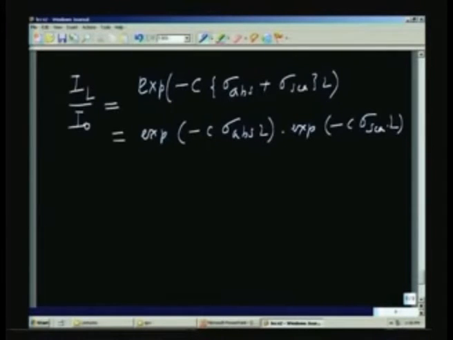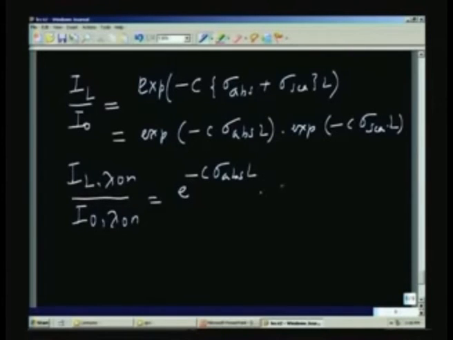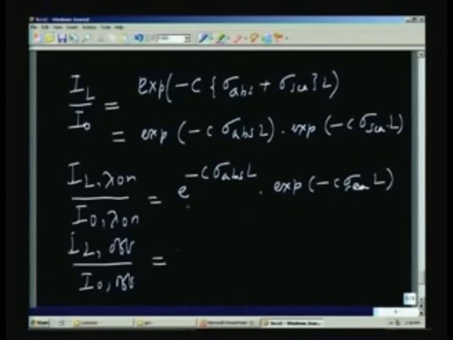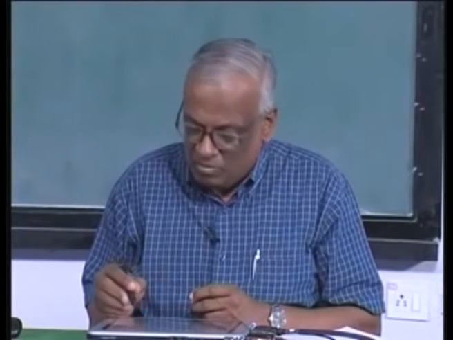Suppose I write a similar equation for both the on and off frequencies. I L at lambda on divided by I naught at lambda on will be the same expression, e to the power of minus C sigma absorption L, multiplied by this quantity, whereas I L off divided by I naught off will not have this term; it will simply be e to the power of minus C sigma scatter multiplied by L. This concentration is different from that concentration; it could also include other species which may scatter.